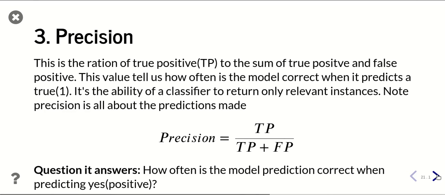So let's move on to precision. Precision is the ratio of the true positives to the sum of the true positives and the false positives. It deals with just the right column of the confusion matrix. Whenever we have a confusion matrix, precision is concerned with the right column, the false positives and the true positives.